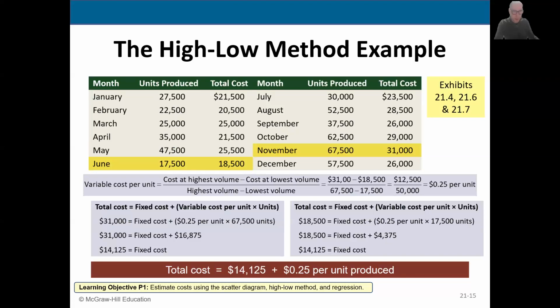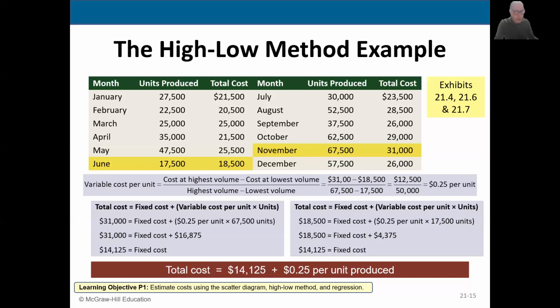So high volume, cost at the high volume, in this case 31,000, minus the cost at the low volume, 18,500, gets us to 12,500.